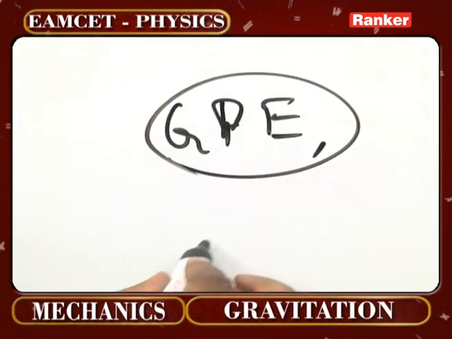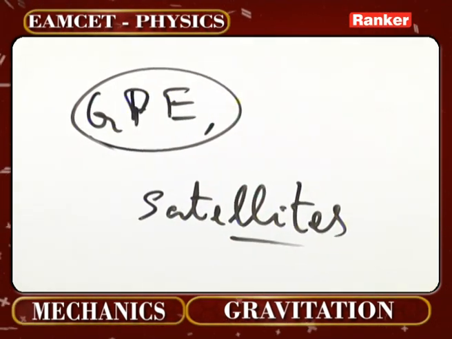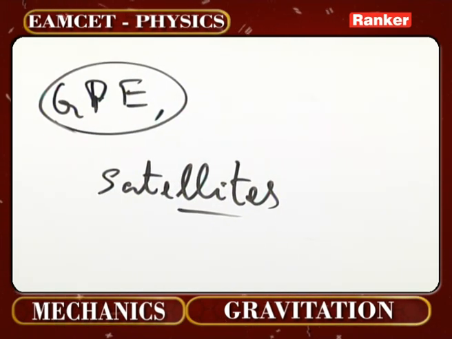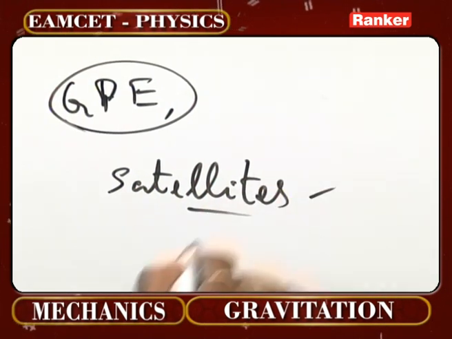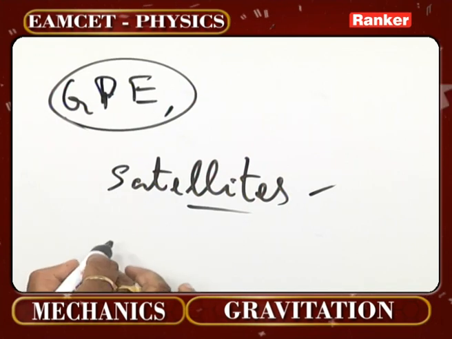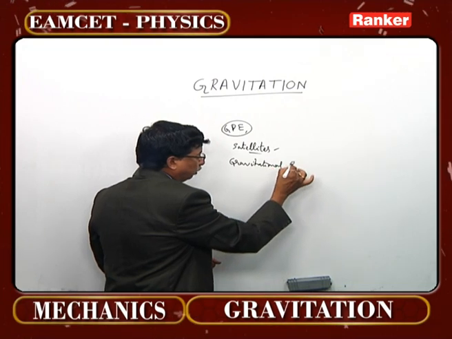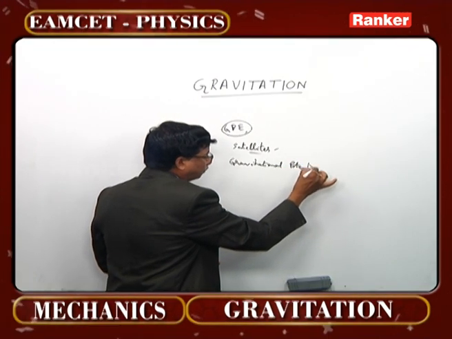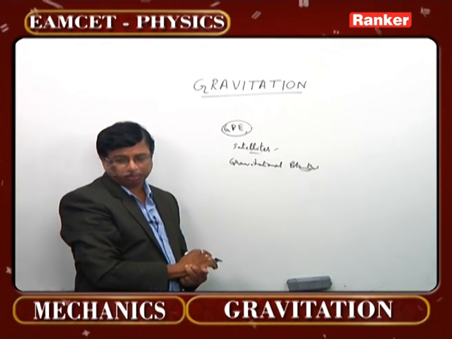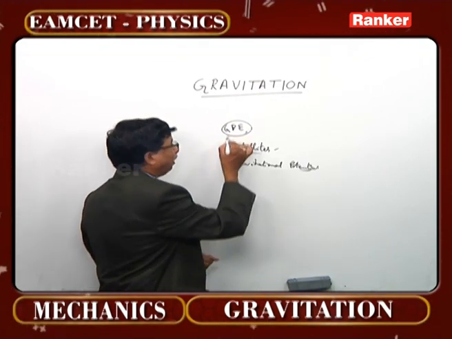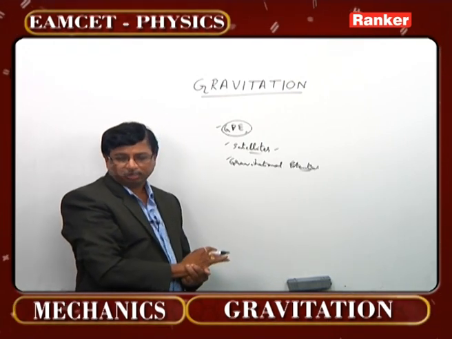Likewise, we have the other concepts of satellites. What exactly are the conditions for the satellites? In the sense what is called a geostationary satellite, what exactly are the principles or conditions for that, and other related concepts of satellites are to be taken up. Likewise, gravitational potential is also one of the concepts we have to discuss. So all these concepts are very much there for Eamcet 2013. In the syllabus, we have all these concepts. In the next class of gravitation, we are mainly dealing with these aspects.